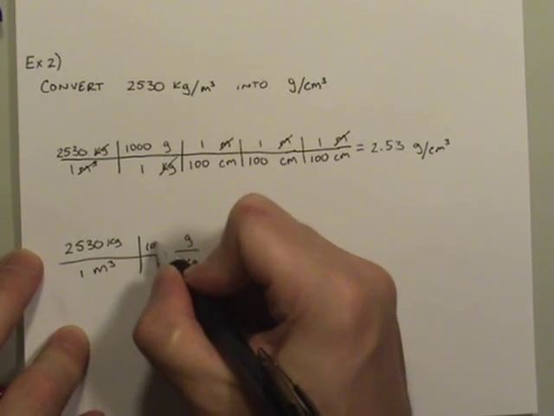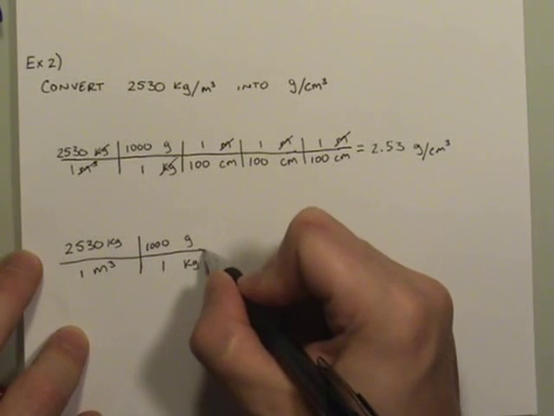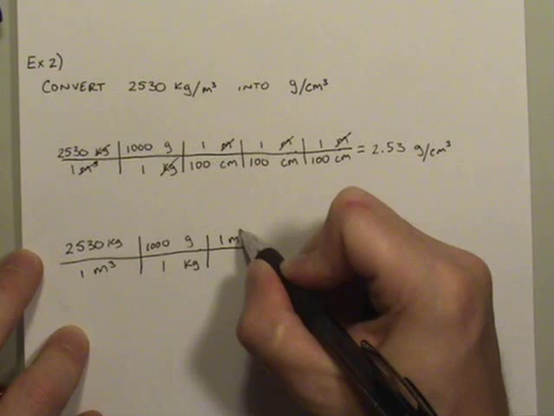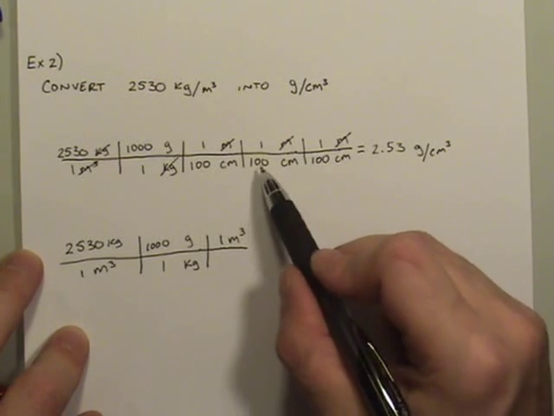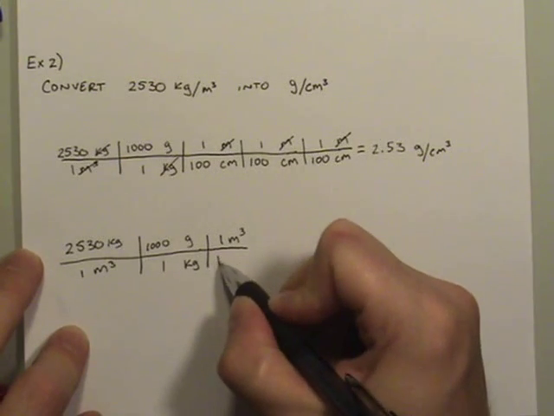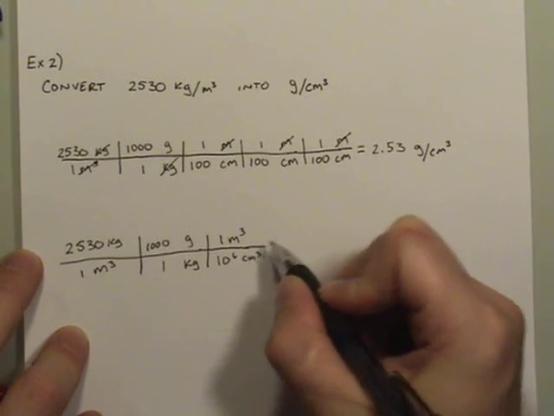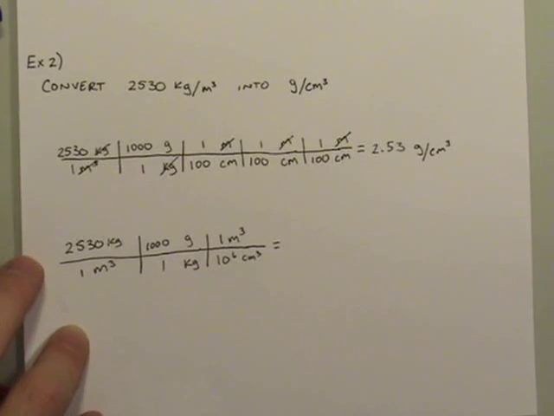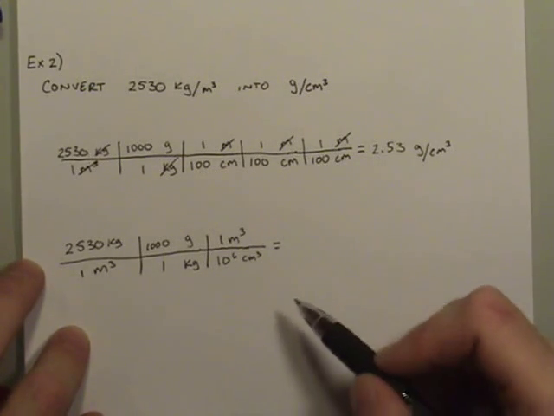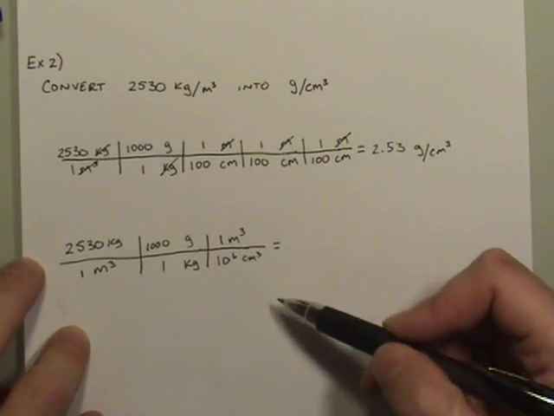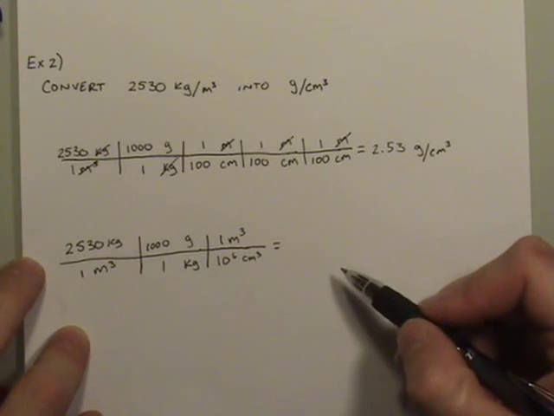Well, let's take care of the first part. We know that we're going to do 1,000 grams for the 1 kilogram. And now we'll extend this, and what I know is that in 1 cubic meter there are 100 times 100 times 100, which is 10 to the 6th cubic centimeters, or 1 million cubic centimeters in 1 cubic meter. Remember, a cubic meter is a box that's 1 meter by 1 meter by 1 meter, or 100 centimeters by 100 centimeters by 100 centimeters.